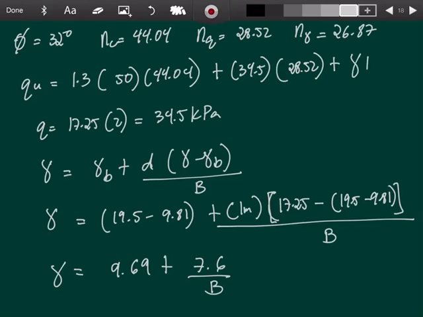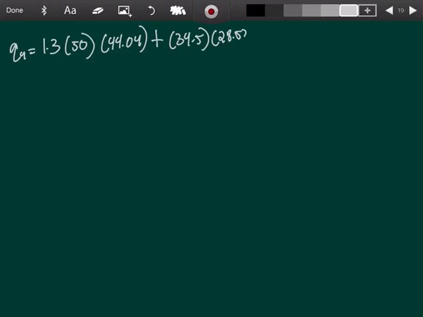So hindi na siya kasya. Ito sa gamma B N gamma times 0.4. Lipat natin QU: 1.3 times C, which is 50, times Nc, which is 44.04, plus q, which is 34.5, times 28.52.